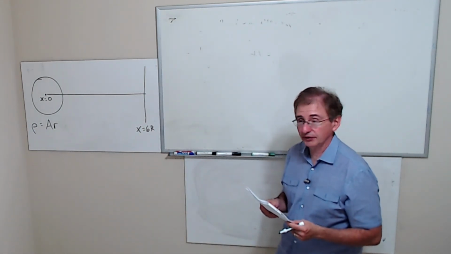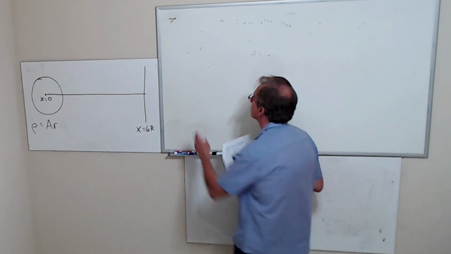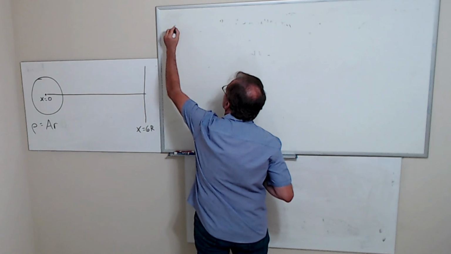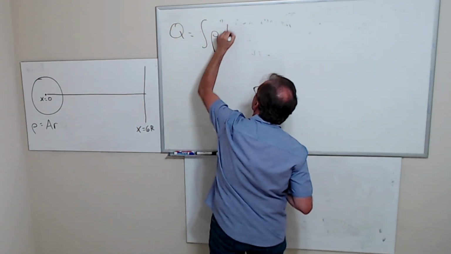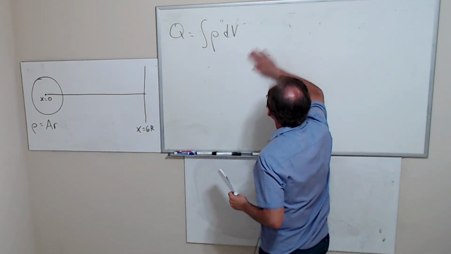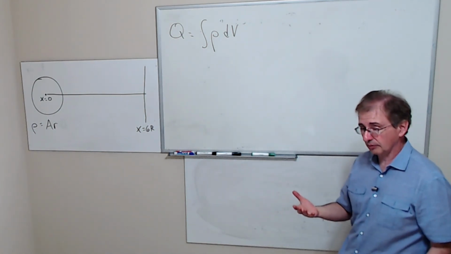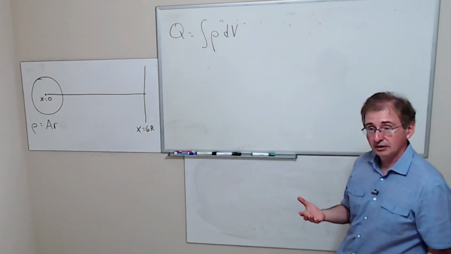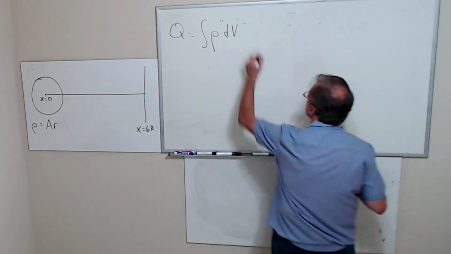First question, all it asks for, because people did all kind of calculations with this: what's the total charge on the sphere? It's a solid sphere. So Q is the integral of rho dV. Since the density only depends on r, then I'm just going to integrate over a bunch of spheres of thickness dr and surface area 4 pi r squared.